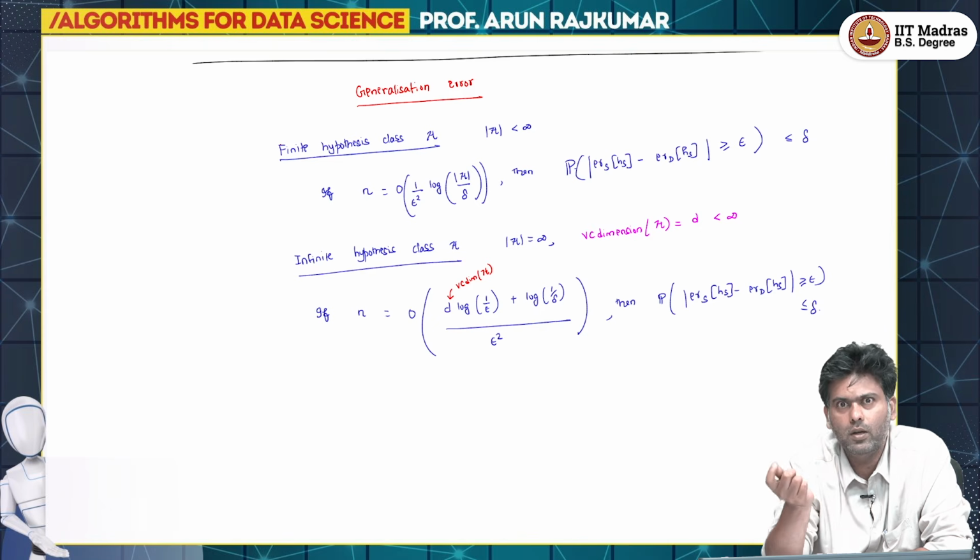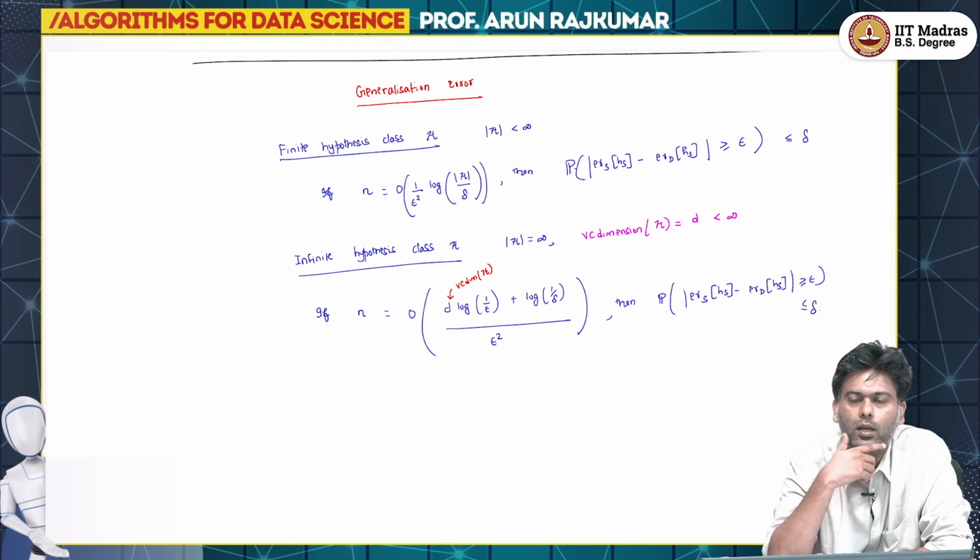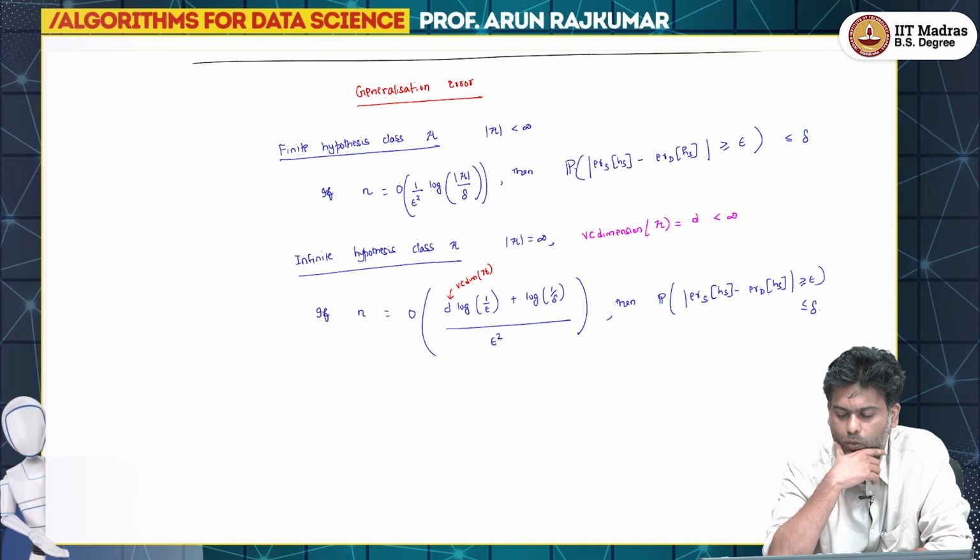The log of the cardinality of H gets replaced by d, so we have d log 1 by epsilon plus log 1 by delta.